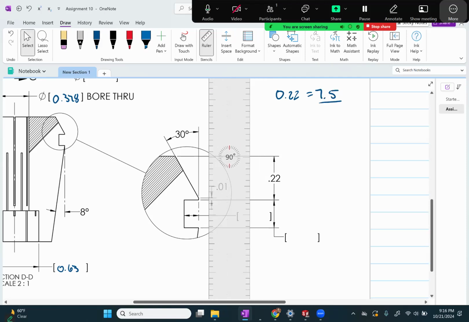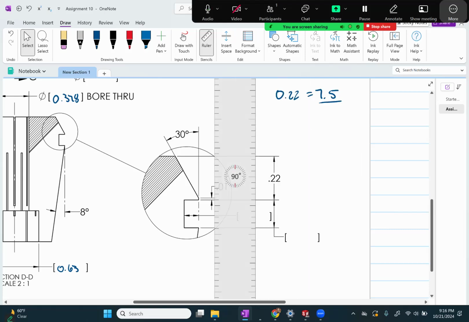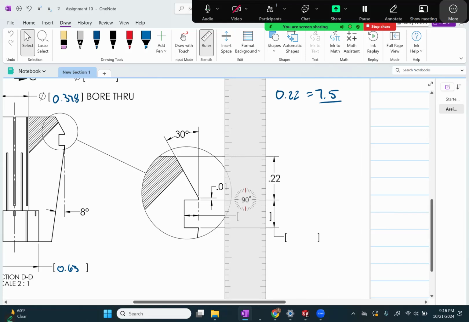And we could use this to find our missing dimension. So we could find this vertical dimension. Let's line it up here. 1, 2, 3, 4. It's almost to 5, but not quite. 2, 3, 4. Roughly 4.75. Yeah, 4.75. So again, let's solve for x.